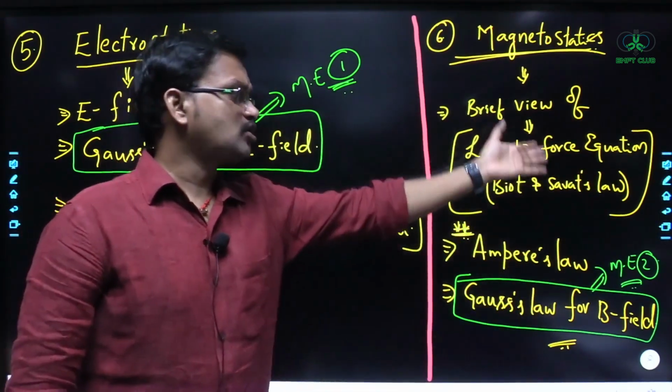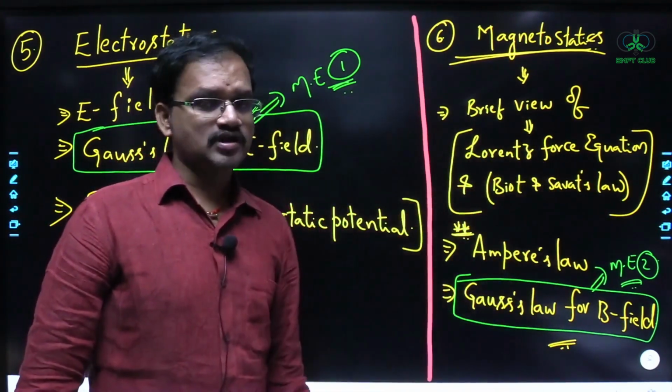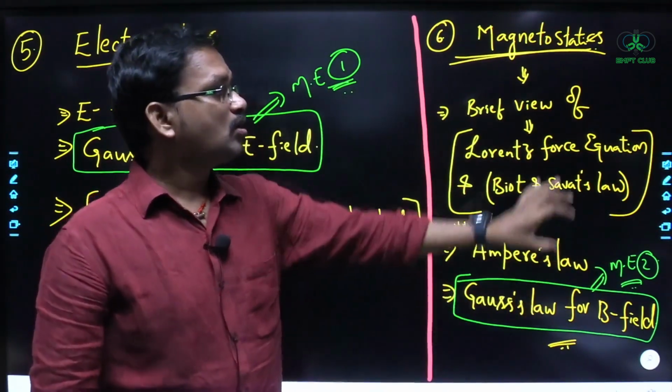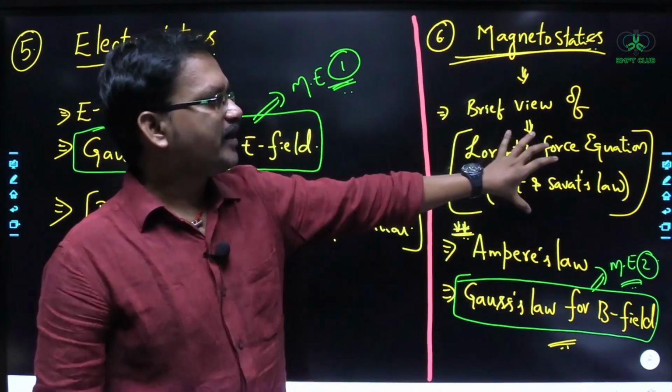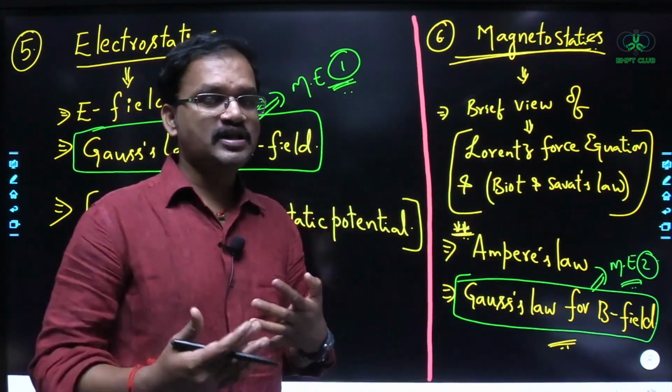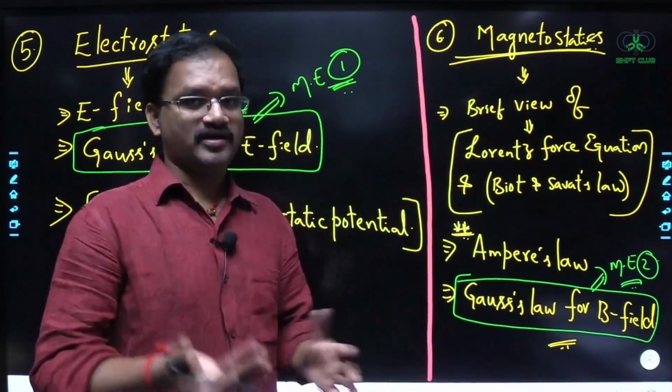See, even though these topics, Lorentz force equation, Biot and Savart's law, are not present in your syllabus, still you have to have at least a minimum idea of these topics here, so that you will get familiar with electric fields and magnetic fields.